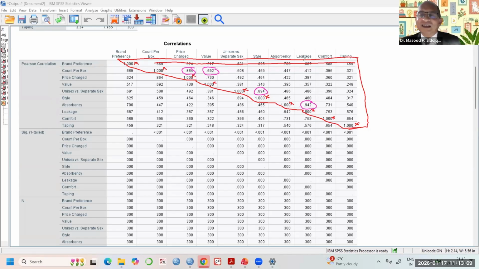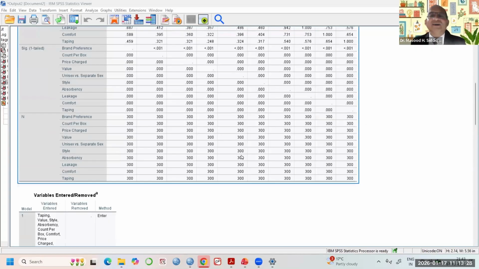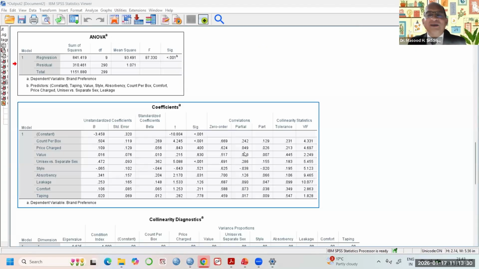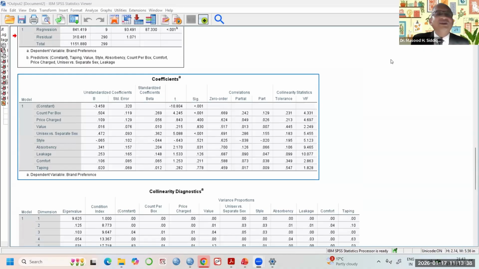So from this elementary table, this basic table that is part of exploratory data analysis, we are having the idea that multicollinearity appears to be a big problem here. And because of the multicollinearity, we are getting this type of absurd result. Though here the proper measure of the multicollinearity is the VIF, that is known as variance inflation factor.